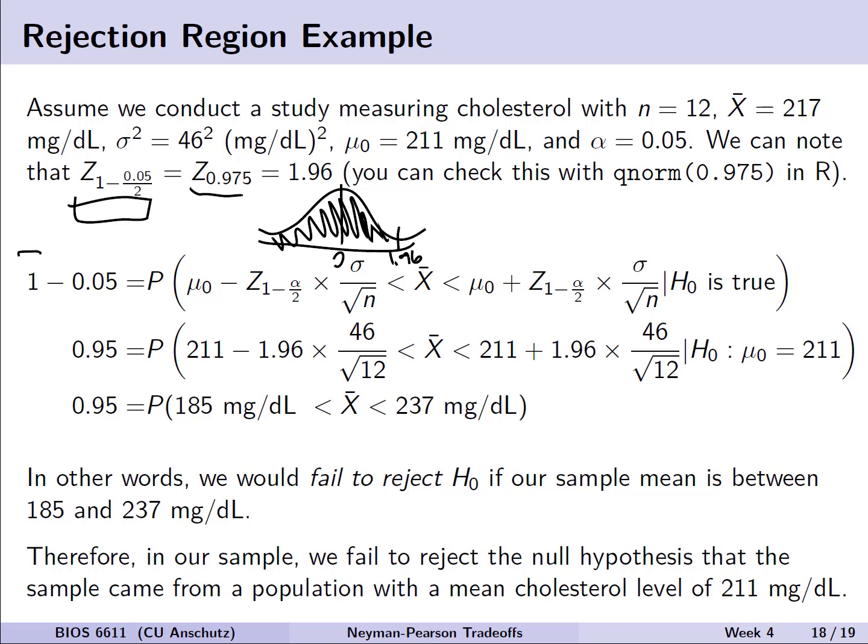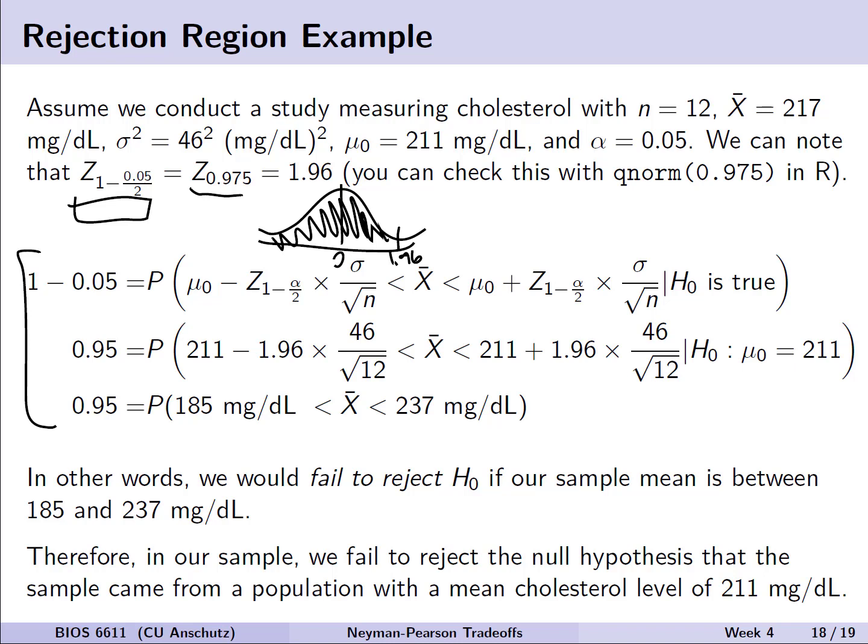Now, actually looking here below at our values, we'll just plug in everything from our example, do the math, and we'll wind up here with a 95% level of confidence that the mean will fall between 185 and 237 milligrams per deciliter.